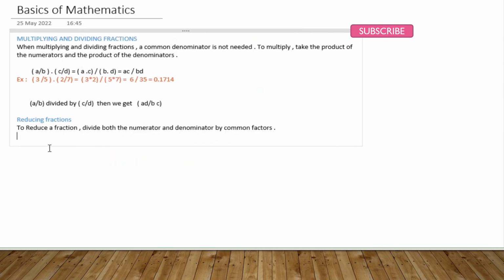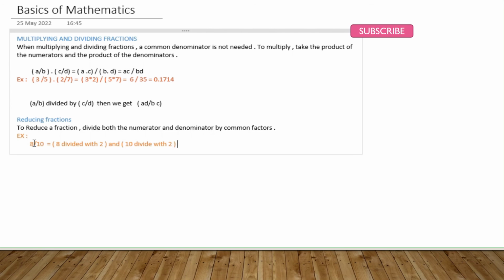Example: suppose we have 8 by 10, and this can be divided by 2. 8 divided by 2 and 10 also divided by 2.